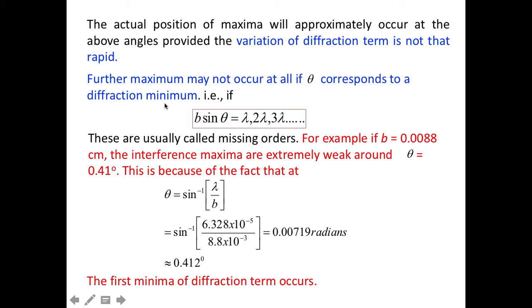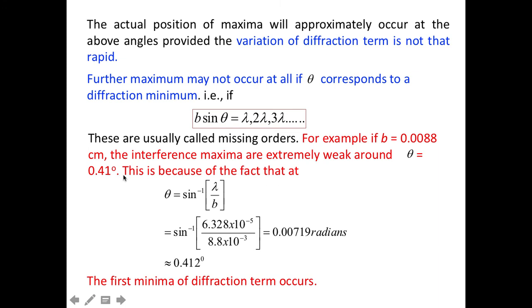Okay, these are usually called the missing orders. For example, if we take the slit width as 0.0088 centimeter, the interference maxima are extremely weak because there is a diffraction minimum, around theta equal to 0.41 degree.